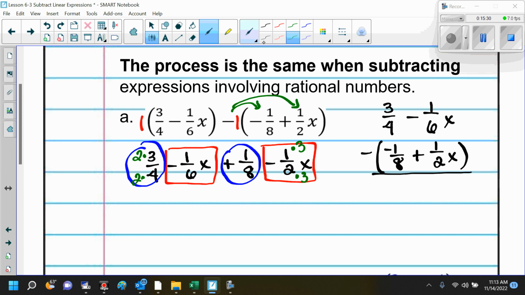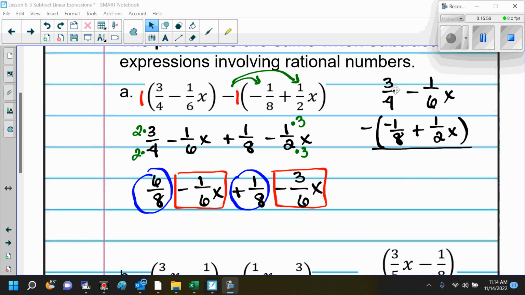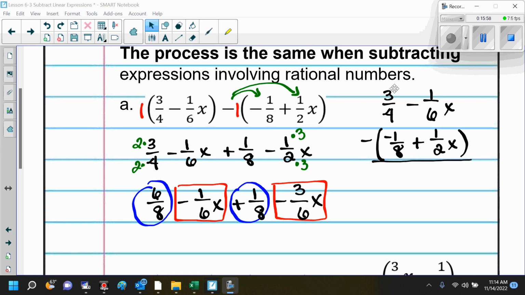So I'm going to rewrite. So we've got 6/8 minus 1/6 plus 1/8. And then this one's going to say minus 3/6 x. So now we can combine our like terms, right?